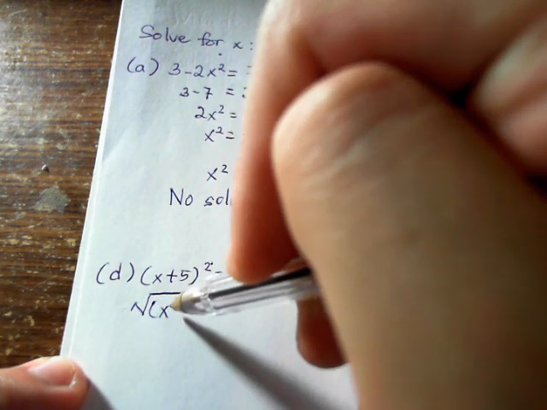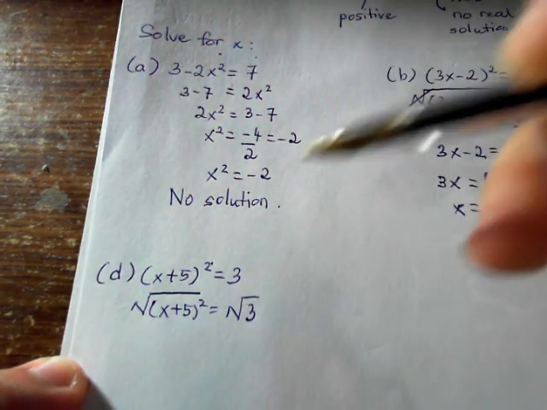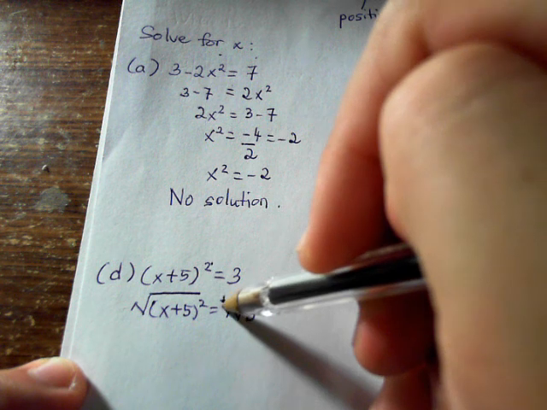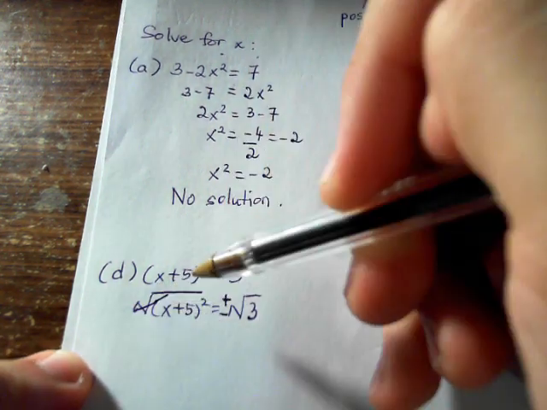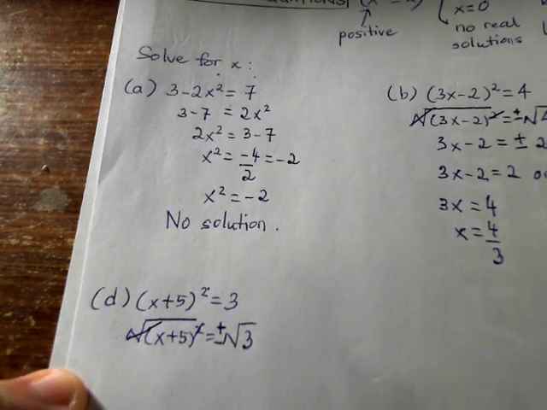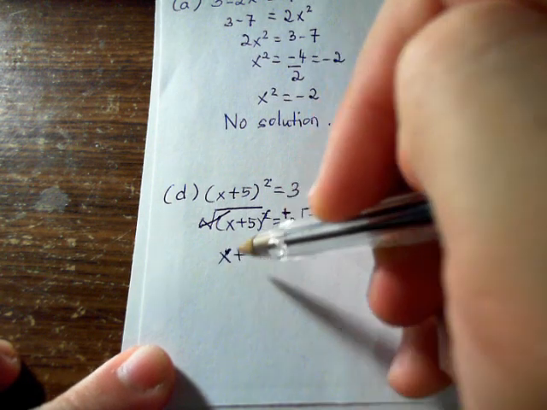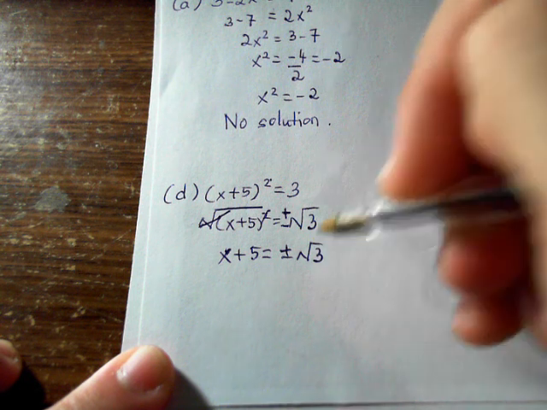So you have x plus 5 equals the square root of 3. But remember, when you have a square root of a positive number, you must think of a plus and also a minus as well. So you cancel the square root and the square on the left hand side, and you're left with x plus 5 equals plus or minus the square root of 3.